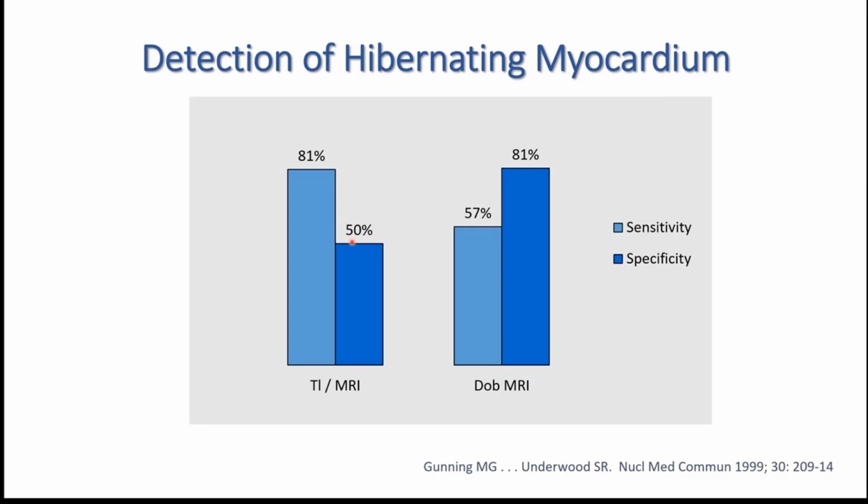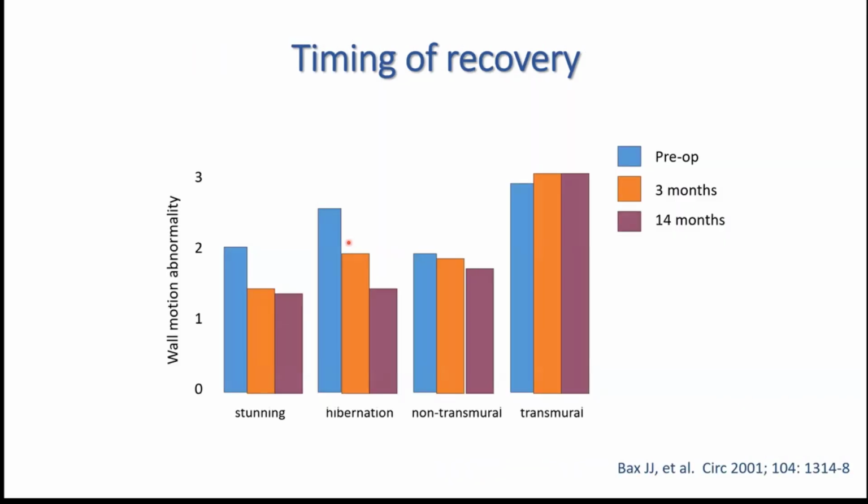So in that aspect, we were initially a bit disappointed, but I think we've learned a little bit more now, and it's to do with the time course of recovery. So our studies were imaged, I think, about 6 weeks after revascularization.